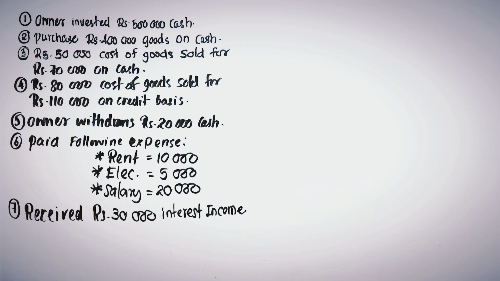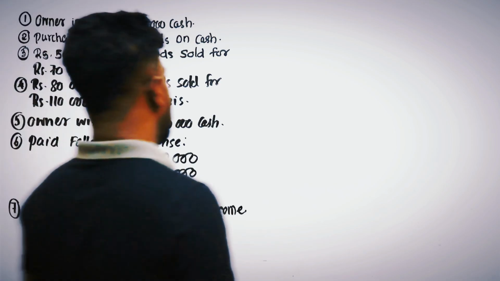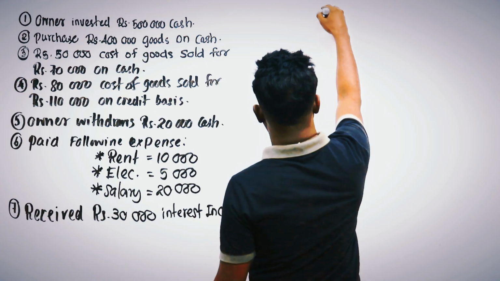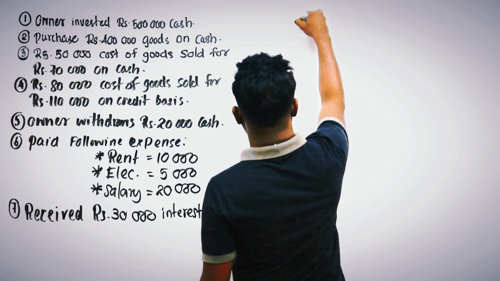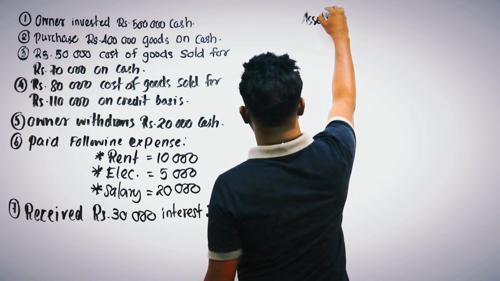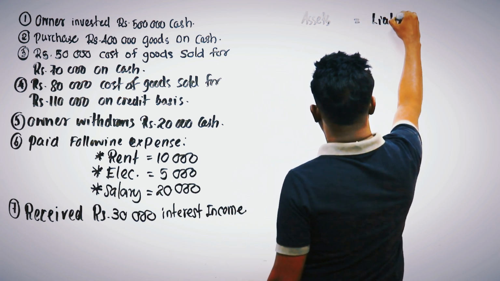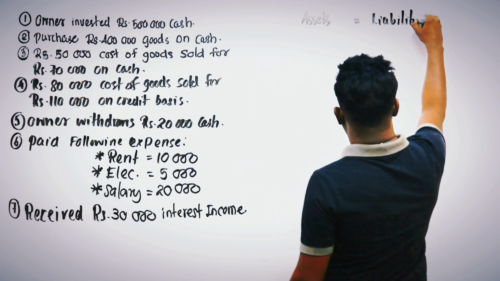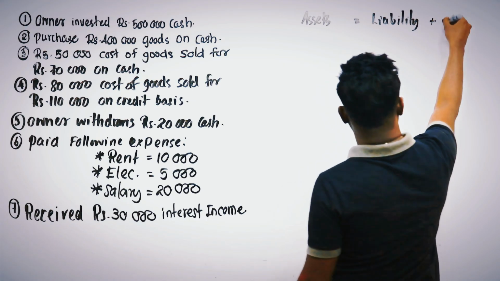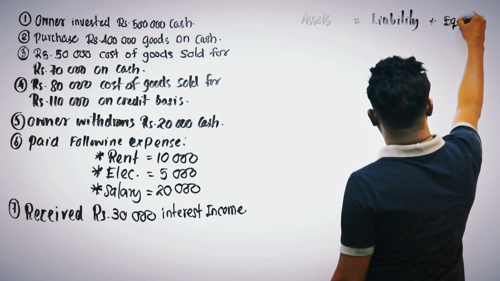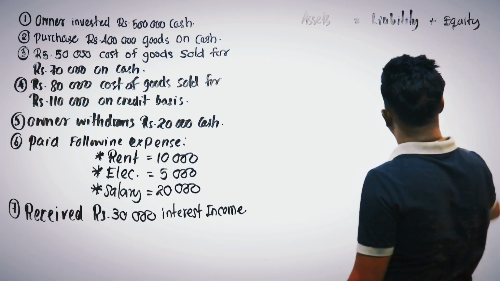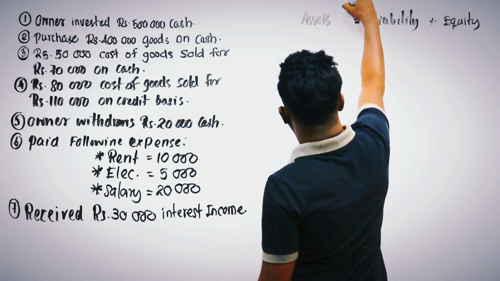So first of all, write them down under the accounting equation separately, in thousands without the last 3 zeros. Assets equals liability plus equity, without the last three zeros.